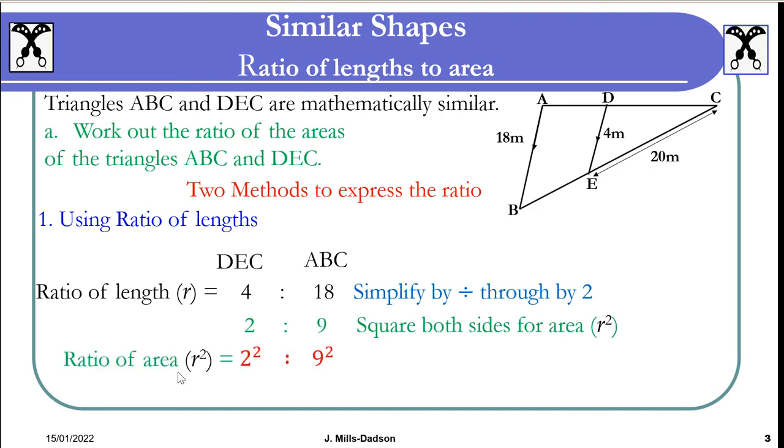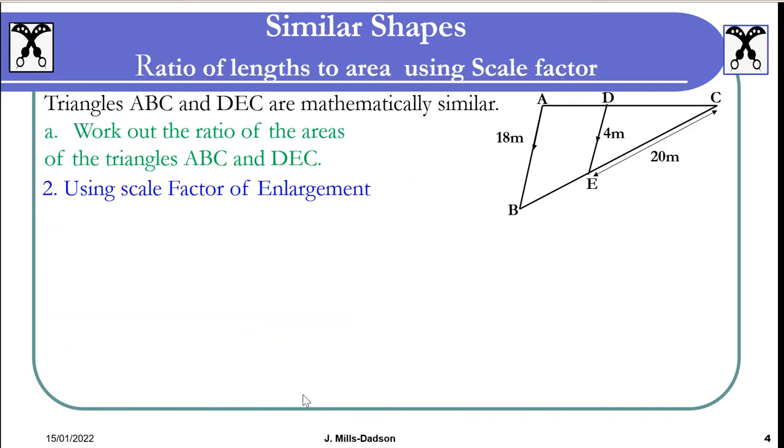So our ratio of area will now be 2 squared and 9 squared, which will be giving us 4:81. So the ratio of the triangles ABC and DEC, 4 for DEC, the smaller one, and 81 for the bigger one. So that's one way of doing it.